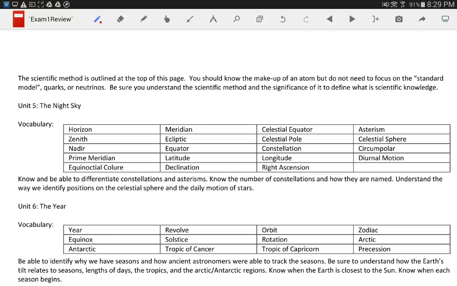The equinoctial colure is the thing in the sky that is equivalent to one of these things. What is the equinoctial colure equivalent to for a thing on Earth? Equator?